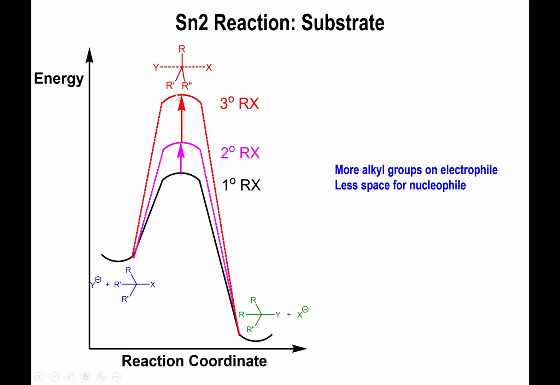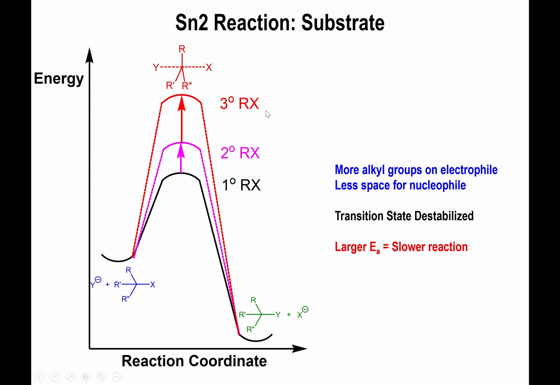You're actually increasing the activation energy by raising the transition state energy. The reactants remain at the same level, the products remain at the same level, but the activation energy increases when you go from primary to secondary to tertiary as a result of the increased bulk that makes it harder for the nucleophile to reach over. So you're destabilizing the transition state and slowing the reaction.